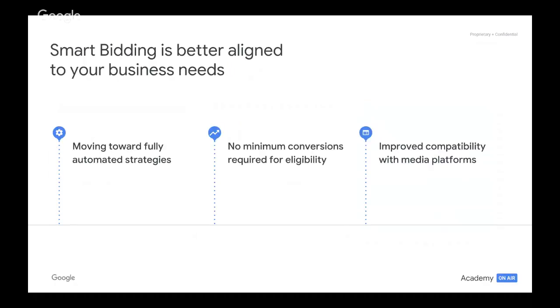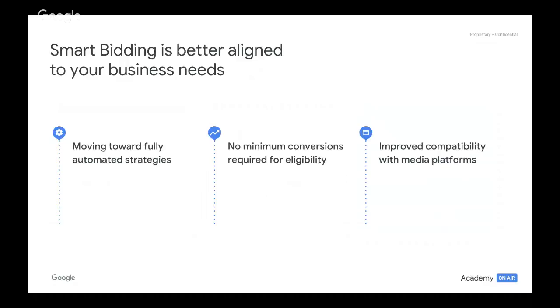So I suppose the main takeaway on this slide here is smart bidding is becoming an awful lot more accessible, but also useful for advertisers. So as we move towards these fully automated bid strategies, not just enhanced CPC, we're focusing on business metrics is really what these are looking at. We've also removed the minimum conversion threshold for 2 of the smart bidding strategies, so Target CPA and max conversions.